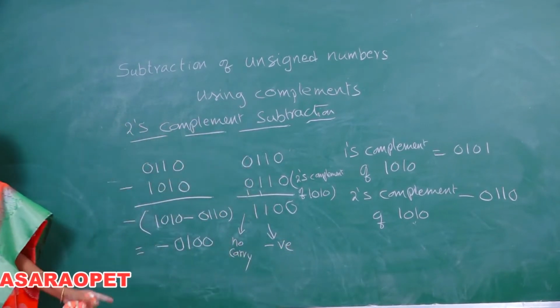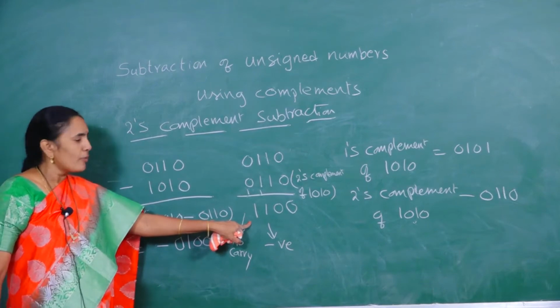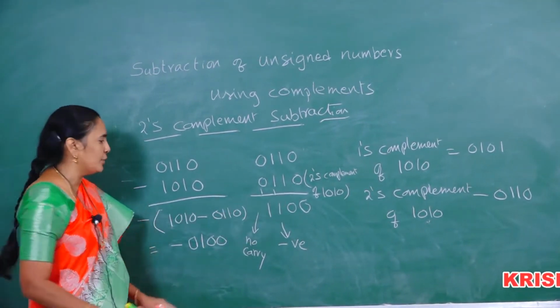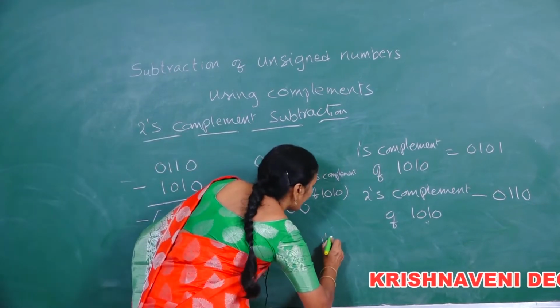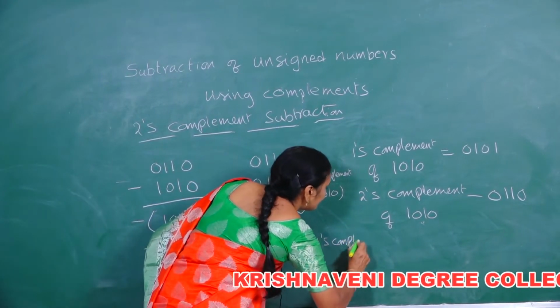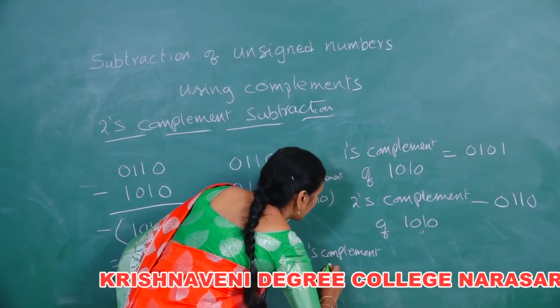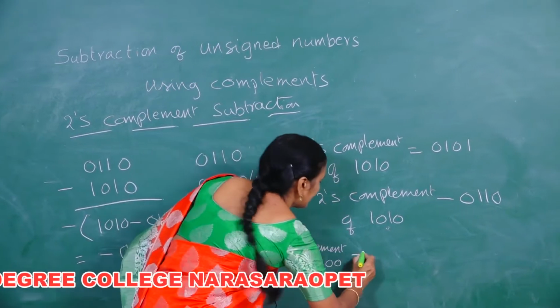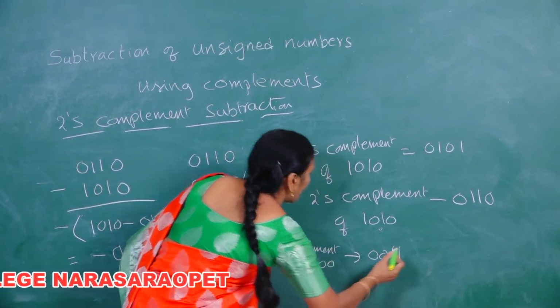In order to get the correct answer, we have to get the 2's complement of 1100. So, first let us find 1's complement of 1100, which is nothing but 0011.